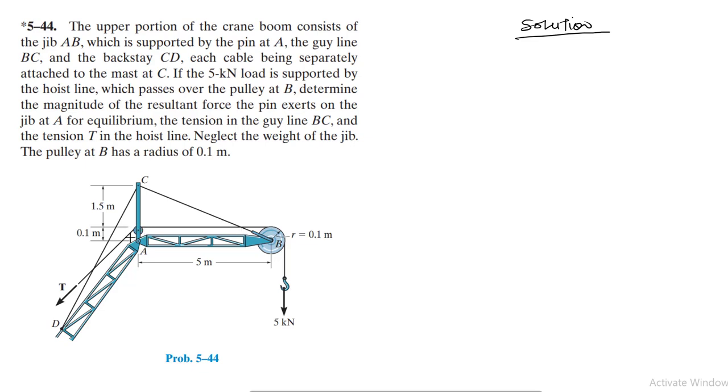So if that is the case, it means the tension in the hoist line will be equal to the load that the hoisting line is supporting, which is 5 kilonewtons.